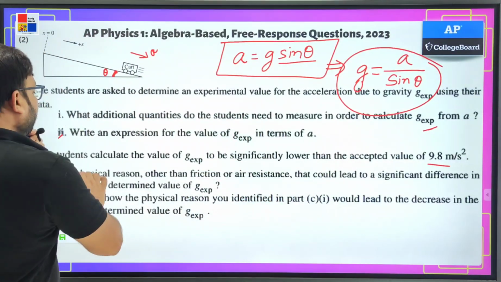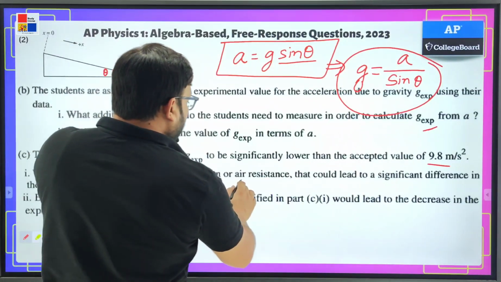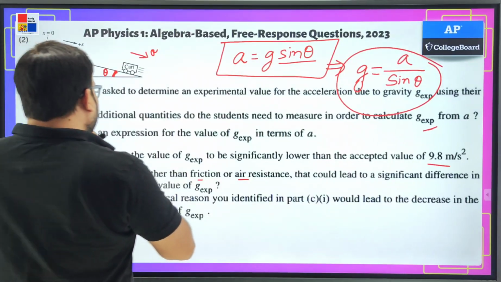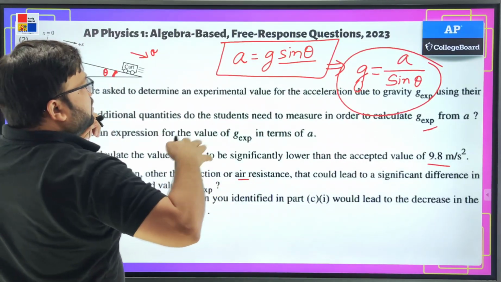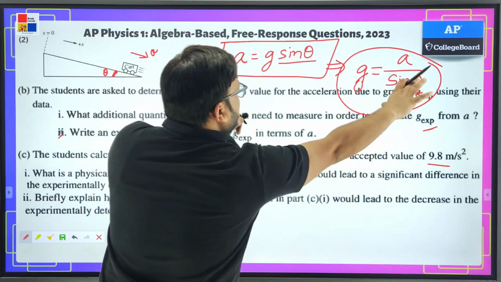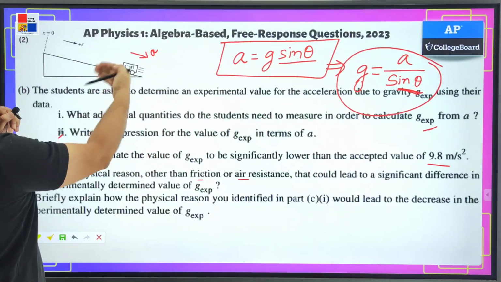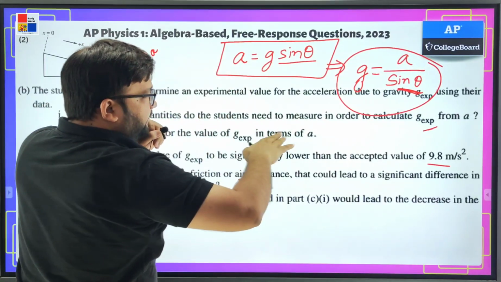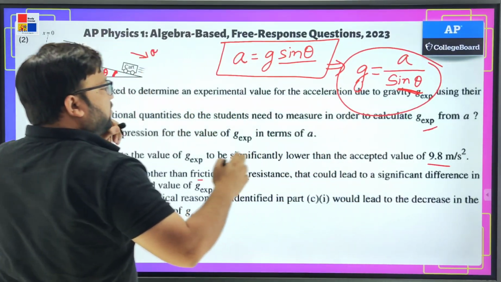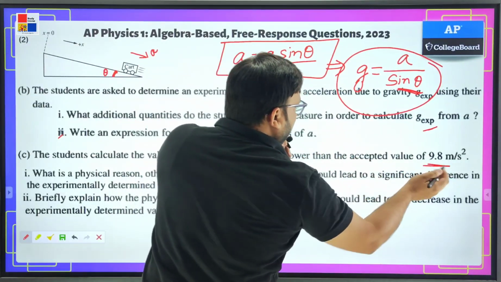So what is the physical reason other than friction, aeration that could lead to a significant difference in the experimentally measured value? So obviously, if there is a big error in the measurement of this theta, this angle, the value of g that is going to be calculated is going to significantly differ from its expected value of 9.8.